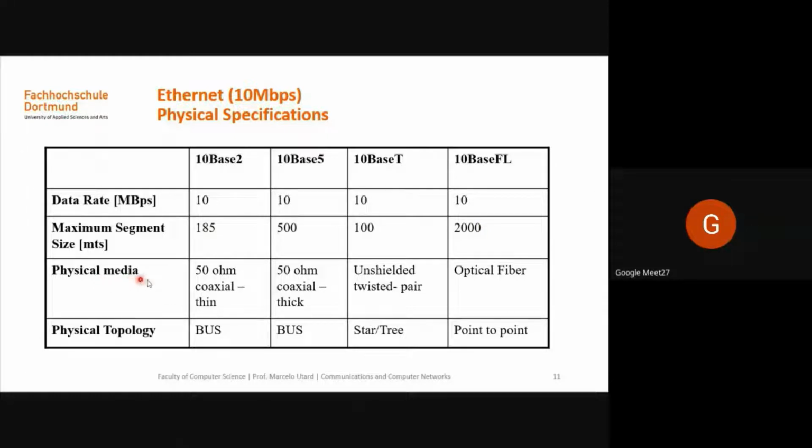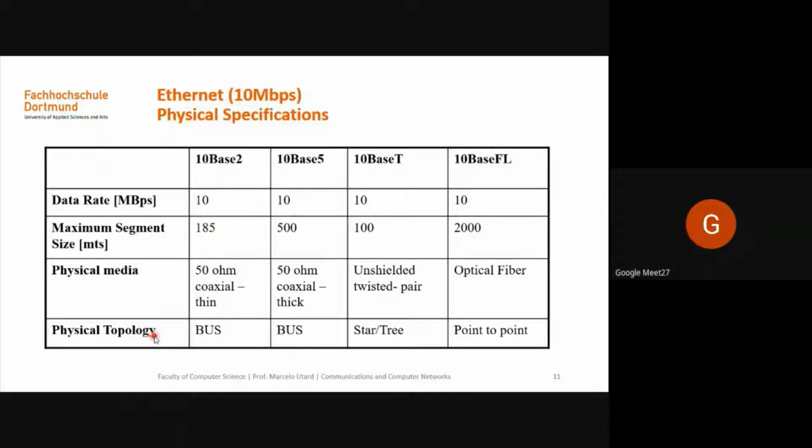The physical medium in the case of coaxial cable: the coaxial cable has an impedance of 50 ohms. And in the case of 10BASE-T and 10BASE-FL, we use UTP and optical fiber, typically multimode fibers.